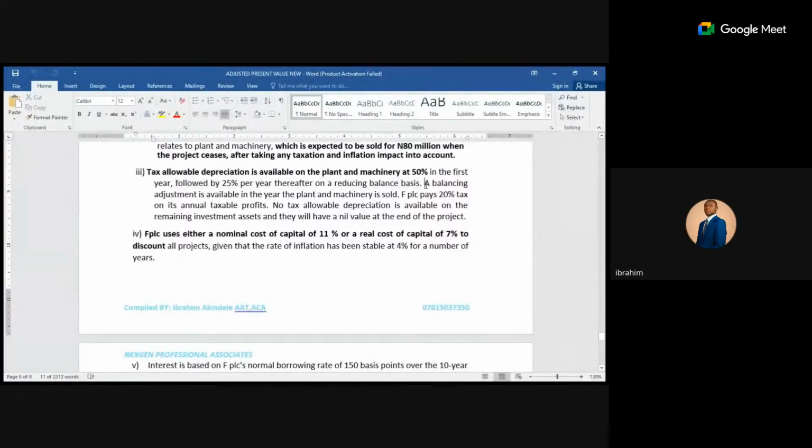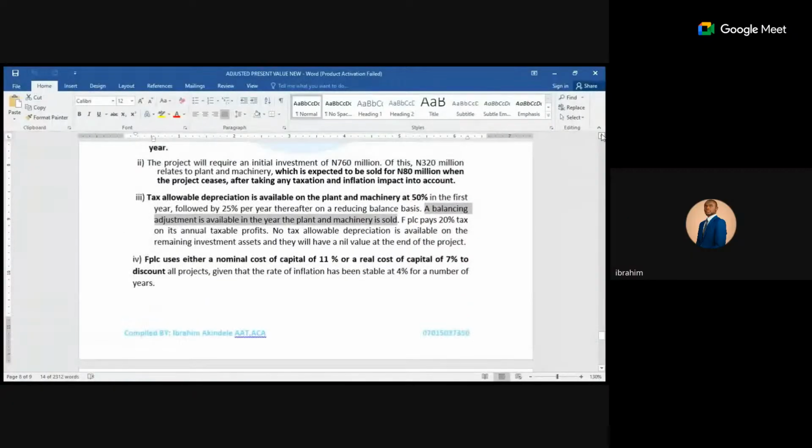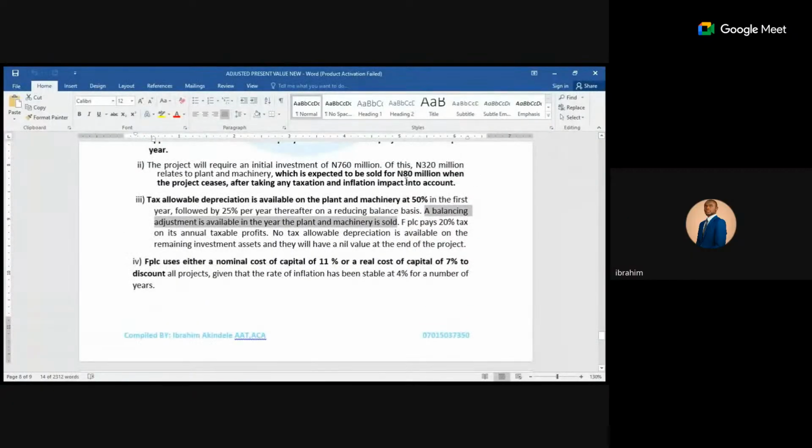A balancing adjustment is available in the year the plant and machinery is sold, meaning that in the year they sold the machine, they will have either a balancing allowance or a balancing charge. And don't forget that they sold the asset at 80 million. Right? Now, FPLC pays 20% tax on its annual taxable profit.